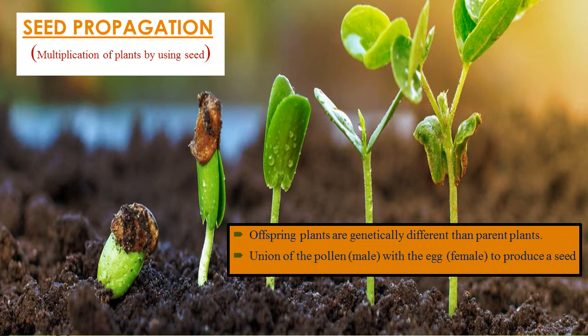The union of the pollen, the male gamete, with the egg, the female gamete, produces a seed. A plant by this method can be produced or germinate when the seeds break their dormancy.